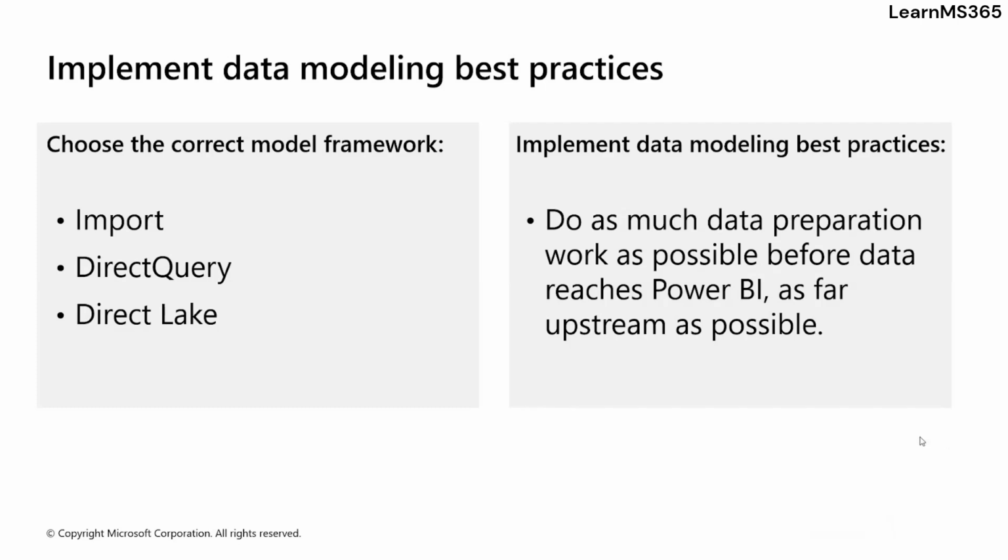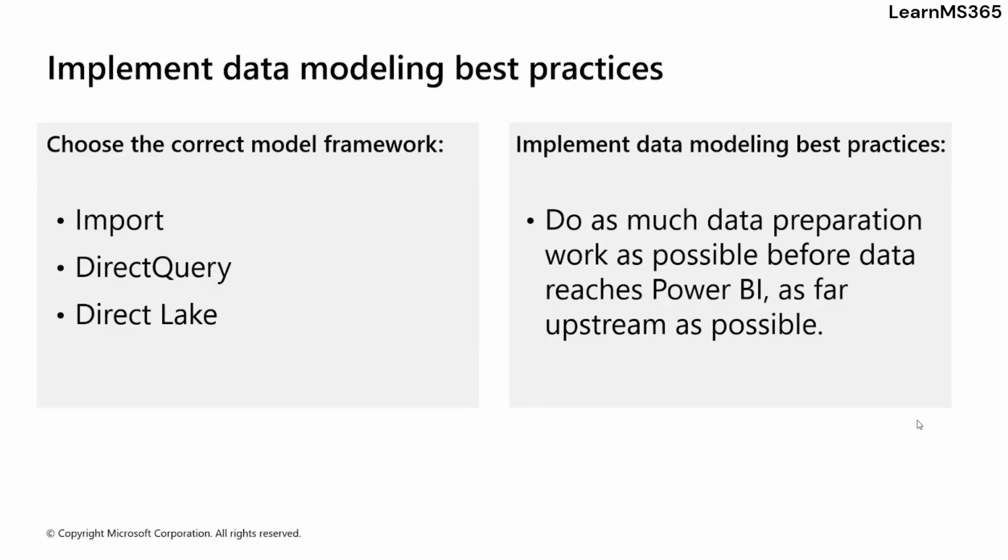Now, these were the best practices specific to import mode. Let's discuss some best practices which are specific to DirectQuery mode. For that, you can set the relationships to enforce integrity using the assume referential integrity property on the relationships.